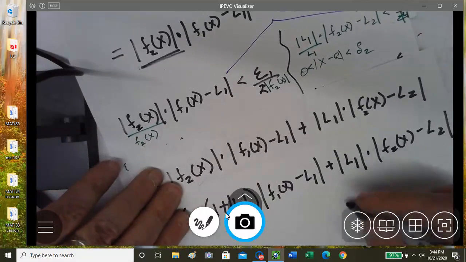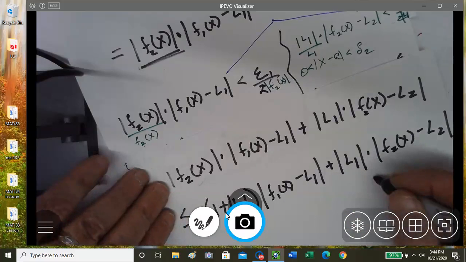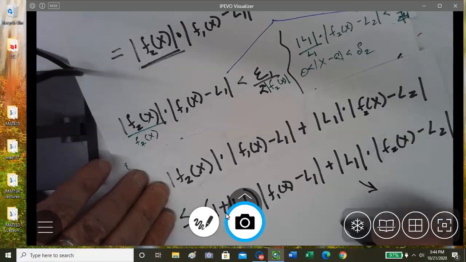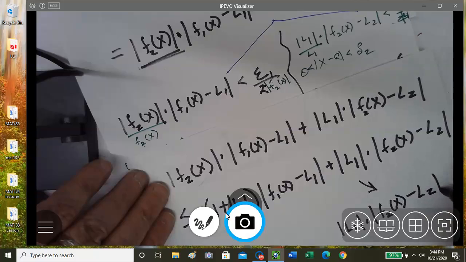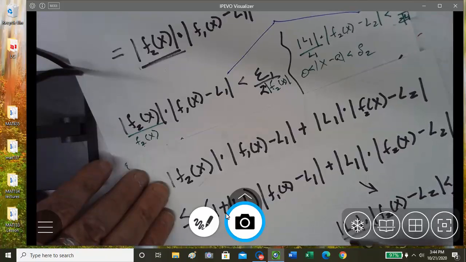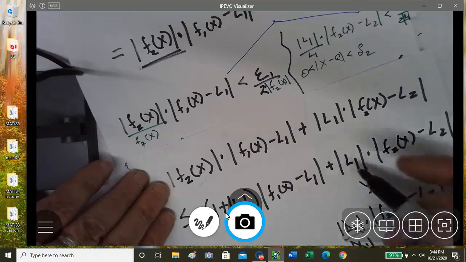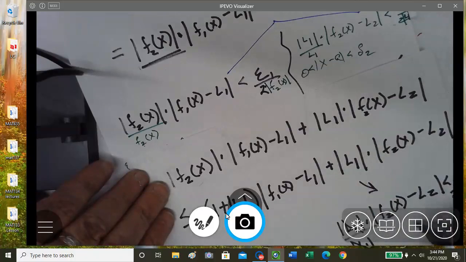We said that absolute value of L1 times absolute value of f2 x minus L2 is less than epsilon 2 over 2, so we divided absolute value of L1 to both sides, right? Cancel that out, for absolute value of x minus a less than delta 2.